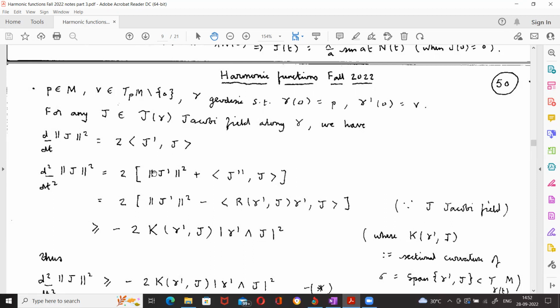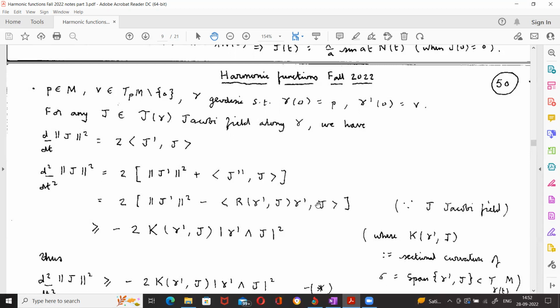So this will be 2 times norm J prime squared plus inner product J double prime, J. Okay. And now I use the Jacobi equation. Because J is a Jacobi field, J double prime is minus R(gamma prime, J) gamma prime. So this becomes 2 norm J prime squared minus 2 inner product R(gamma prime, J) gamma prime, J.